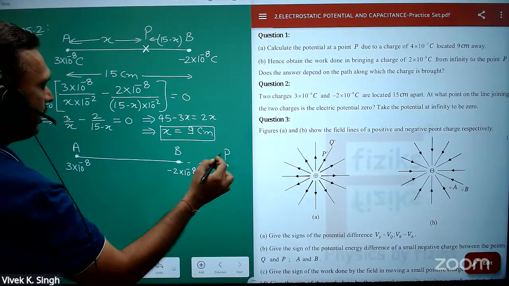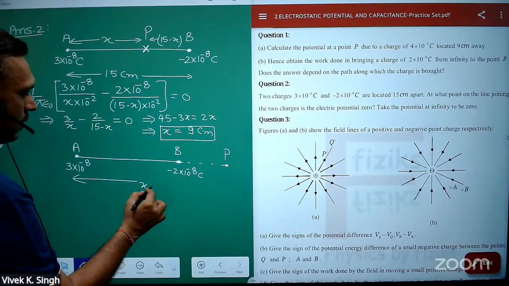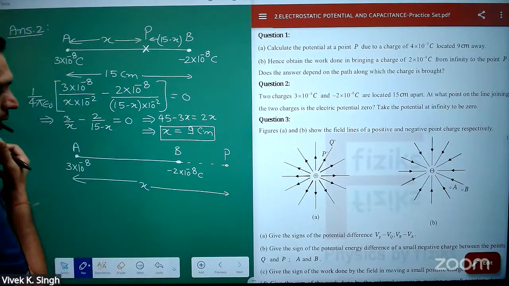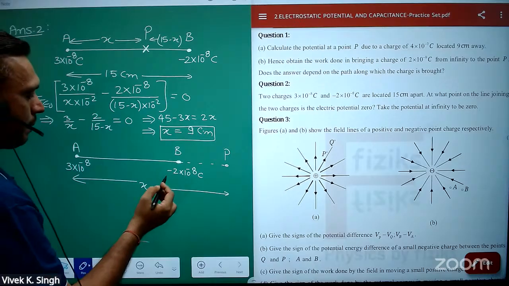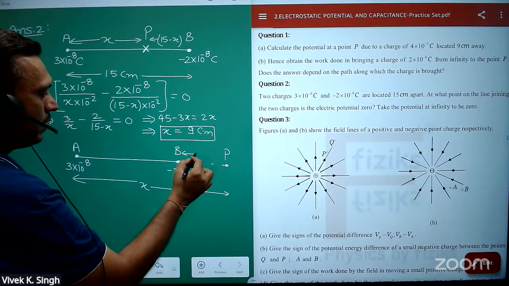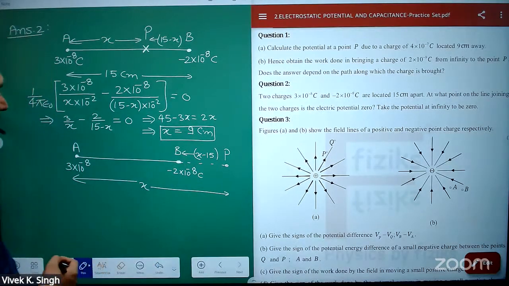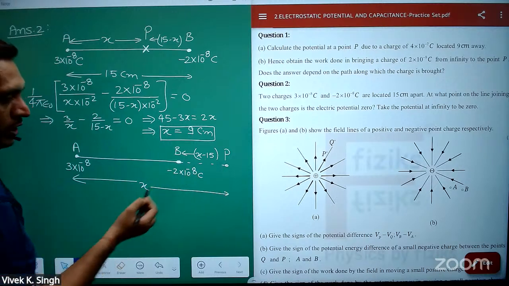Now let's say this is point P, and this will be X centimeter away. So this distance will be what? X minus 15. So again, at this point, potential will be 0.